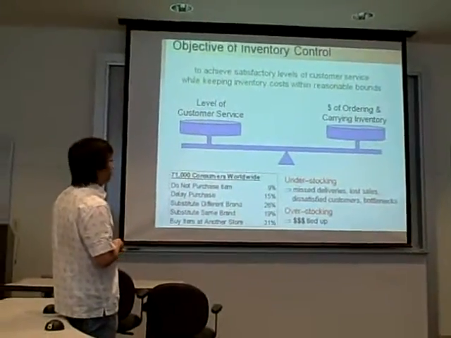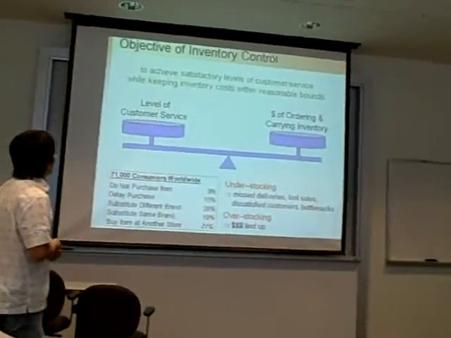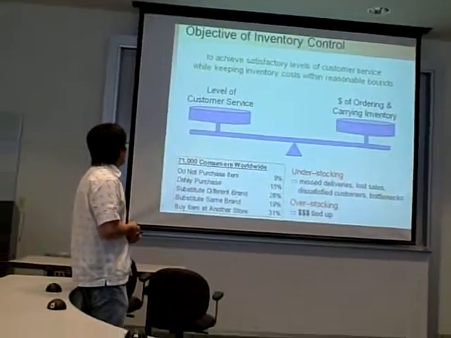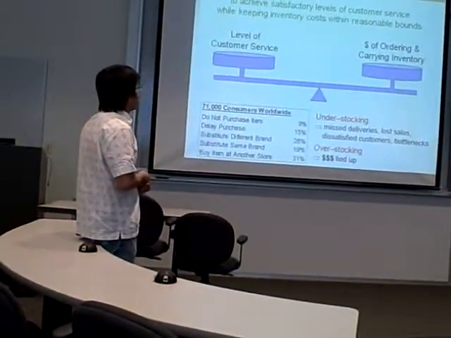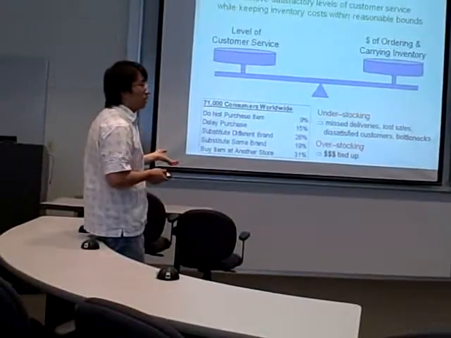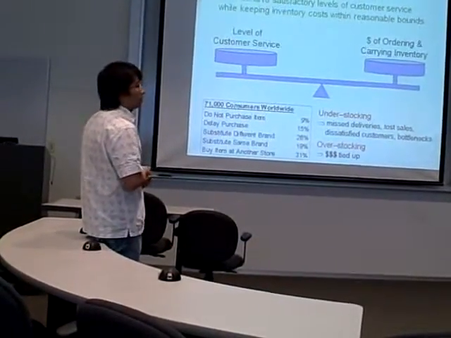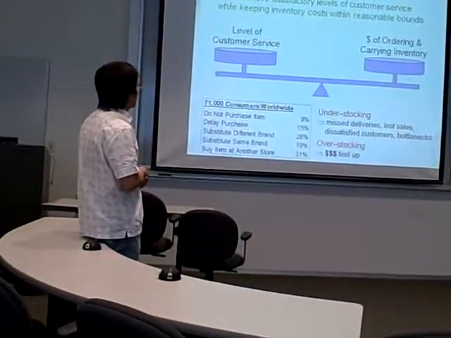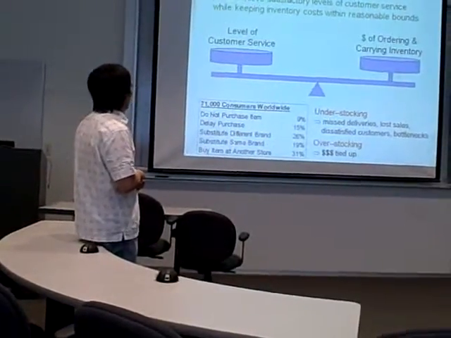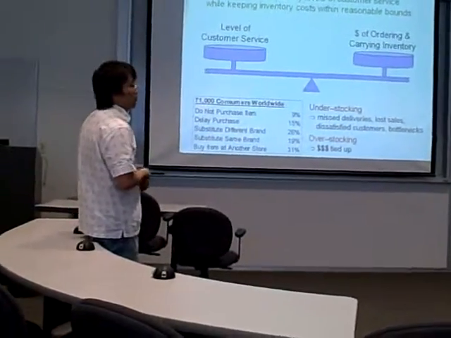This is a survey of 71,000 consumers worldwide. This is the percentage if the item they want to buy is not there: they either don't buy the item anymore, delay the purchase, buy another brand, or buy the item from another store.